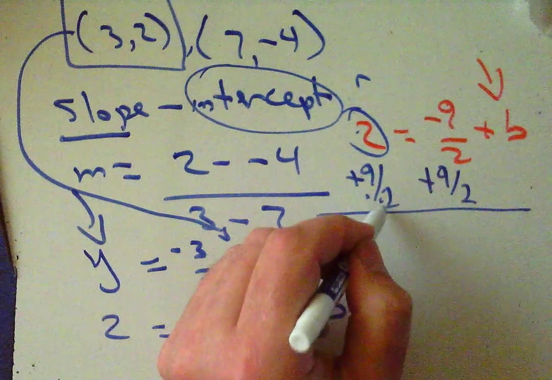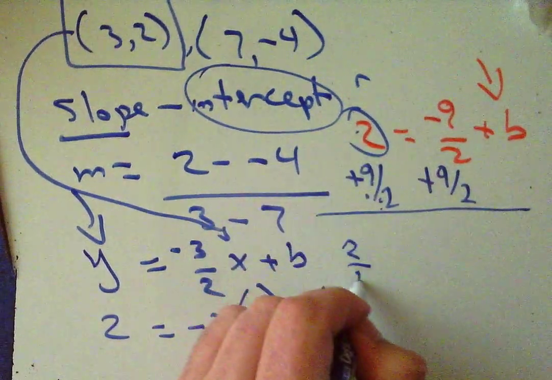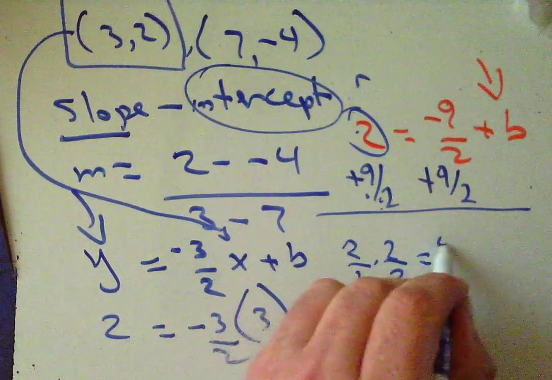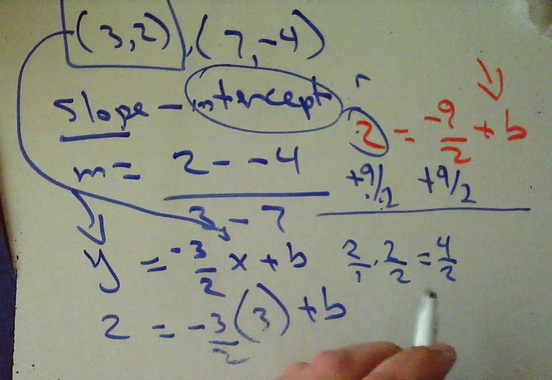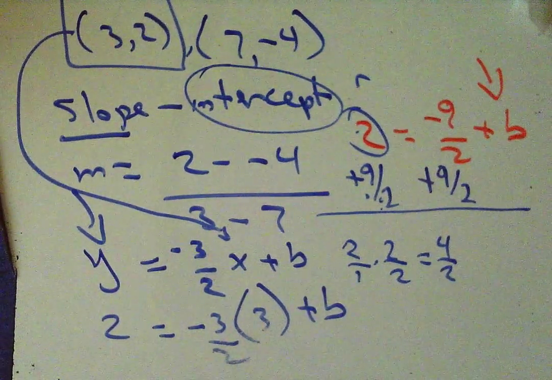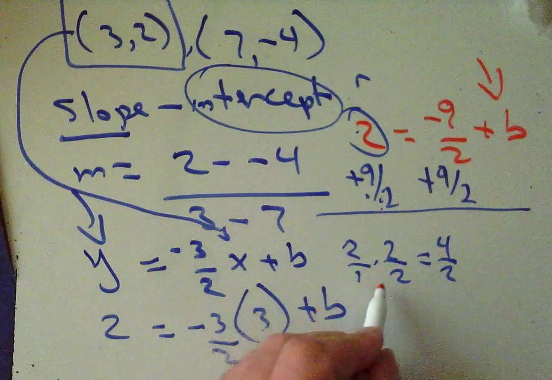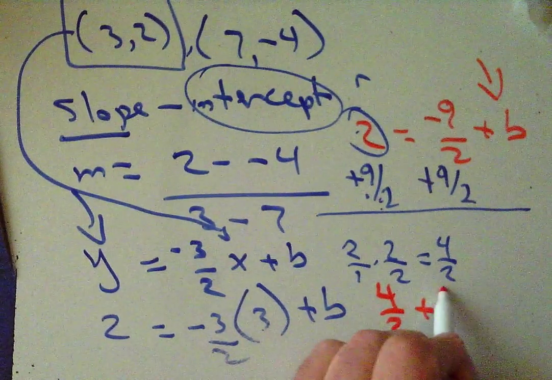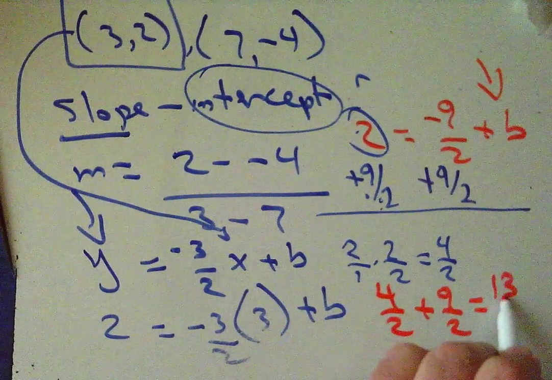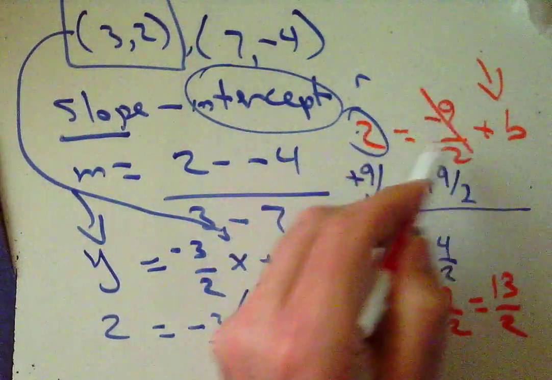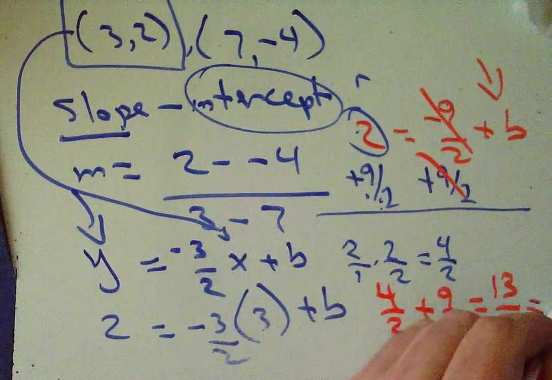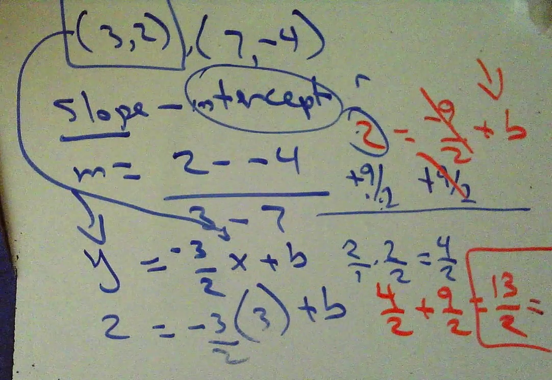Common denominator is halves, so 2 over 1 times 2 over 2 is 4/2. So I'm adding 2, which is 4/2, to 9/2 to get 13/2. Over here, these cancel, and I'm left with b equals 13/2.